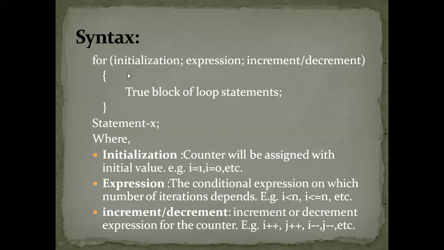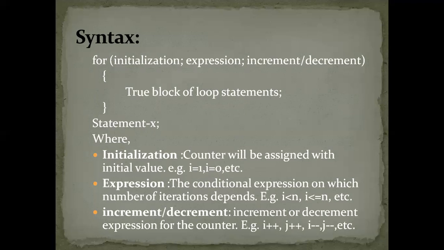If the expression is true, it will execute the true block of loop statements. Otherwise, it goes to statement X. Initialization is nothing but the counter being assigned the initial value, that is the I value. I can be 1 or 0. We are going to initialize based on our requirement.